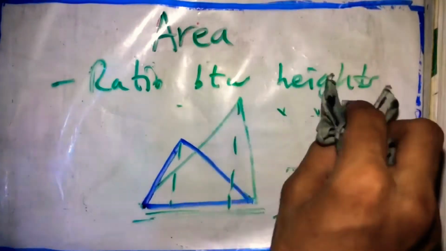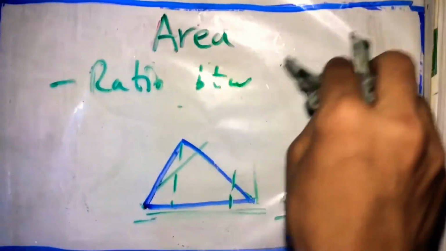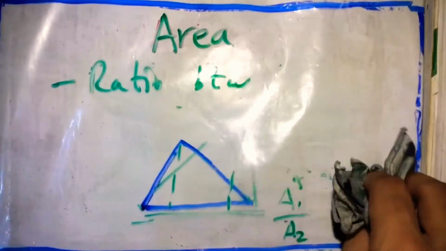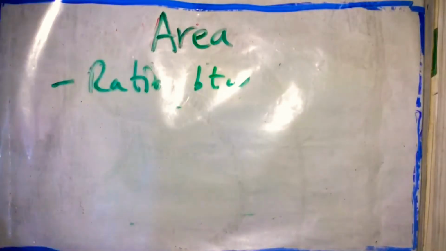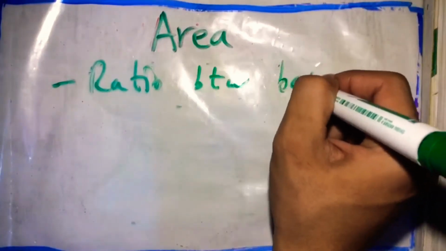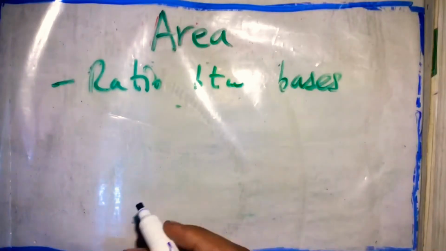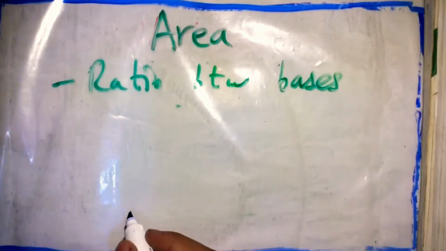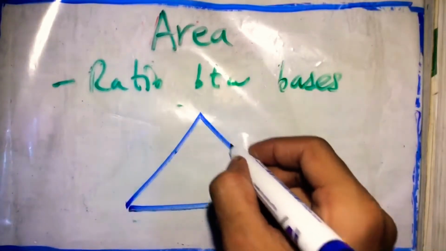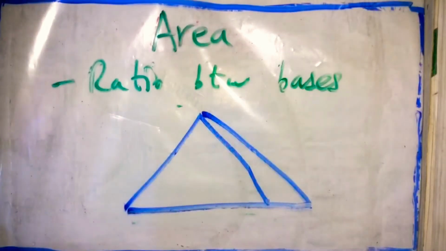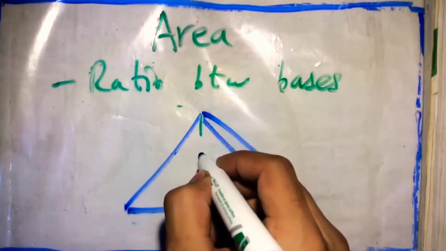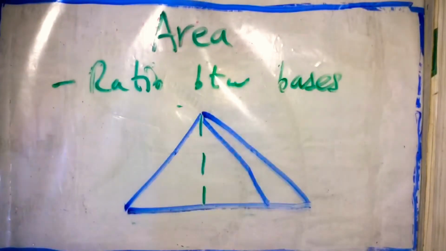The last method is the ratio between the bases. This is applicable when the heights of the two triangles are equal. For example, in these two triangles, the height is the same, which is this length.